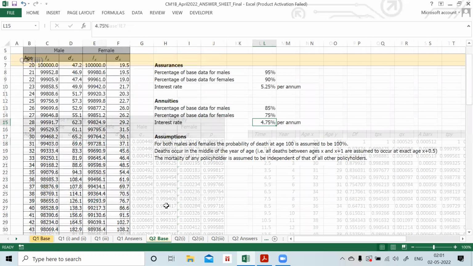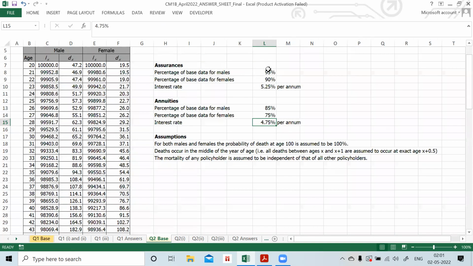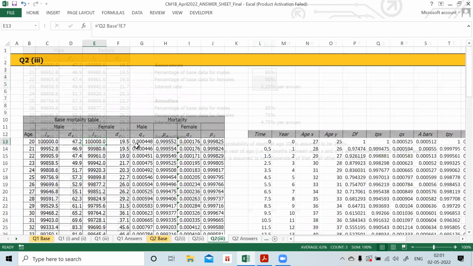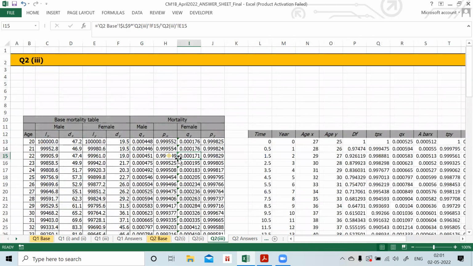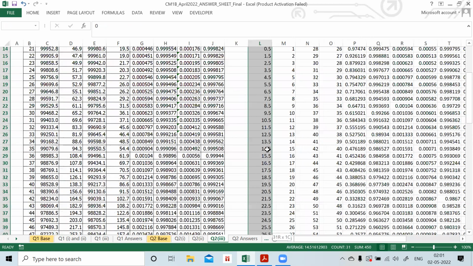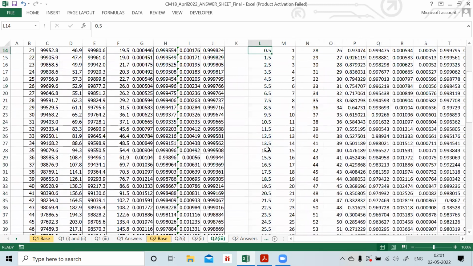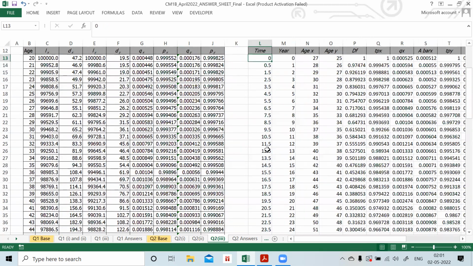So we have the base worksheet where we have been given percentage data for assurances, with 5.25% interest. So we'll use those bases to calculate the QX, PX now and QY, PY. Now time, since it's immediately on death, we'll take from 0.5 and it will go up to 29.5.